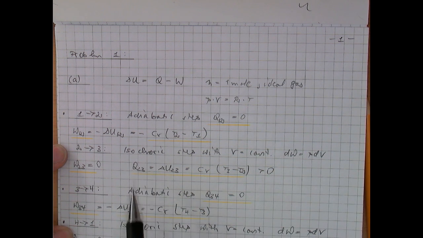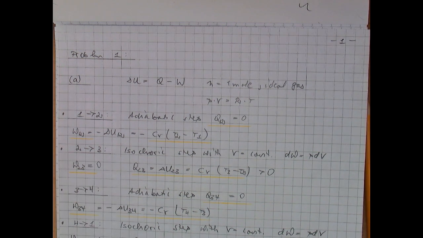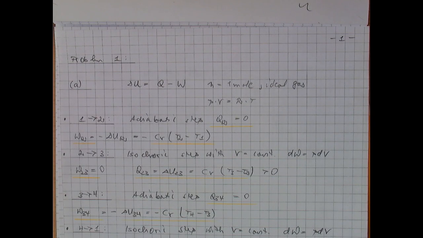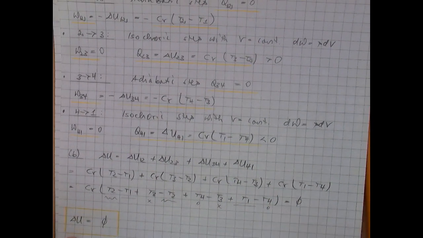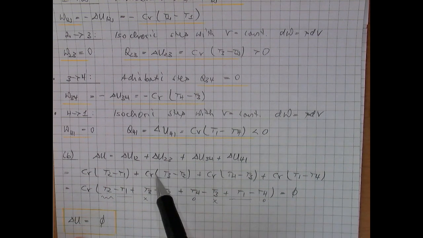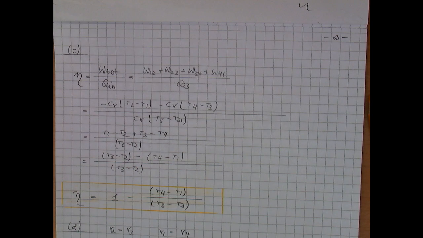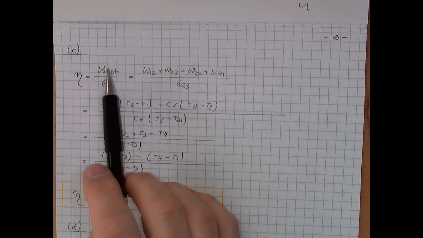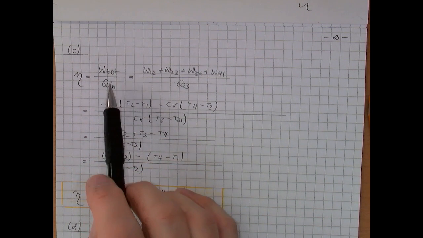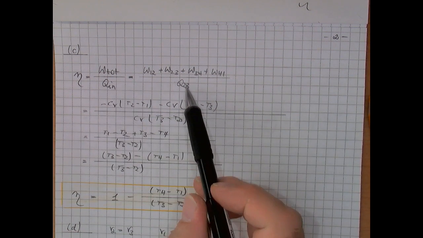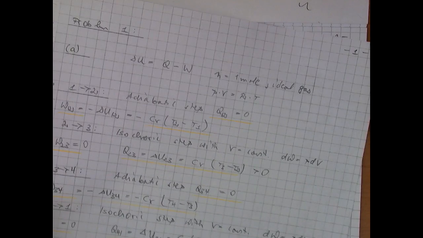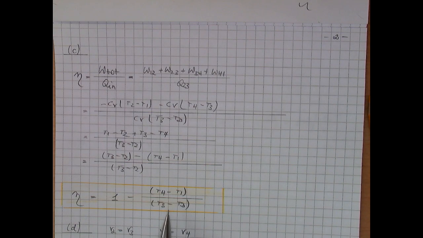We can relate heat and the change in internal energy. Then we showed explicitly that the sum of all internal energy changes from one step to the next, in the total sum, equals 0. Then we evaluated the efficiency as the total work done divided by the heat supply, Q in, which we identified as Q23.